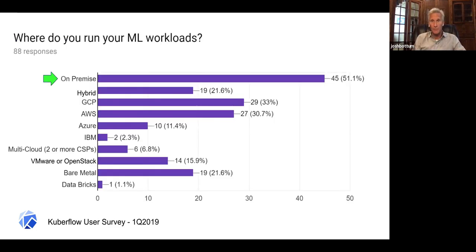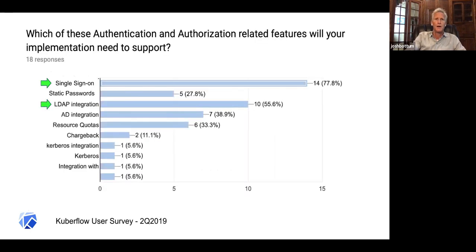A little more detail from the user surveys. This shows where people run their ML workloads. You can see a good percentage of folks running on premise, with GCP and AWS being the next most popular. A nice slide here from the first quarter user survey, and I think these are valuable for us as we're doing analysis of where to invest time.